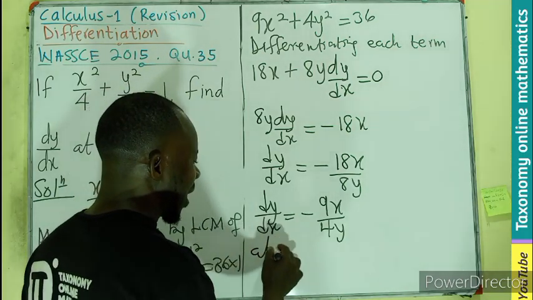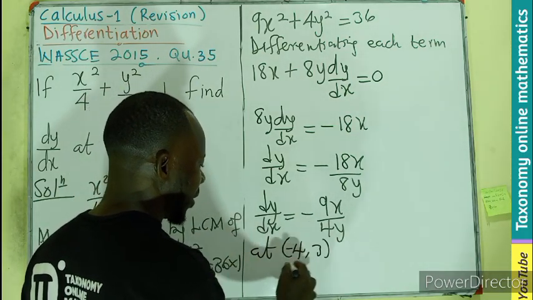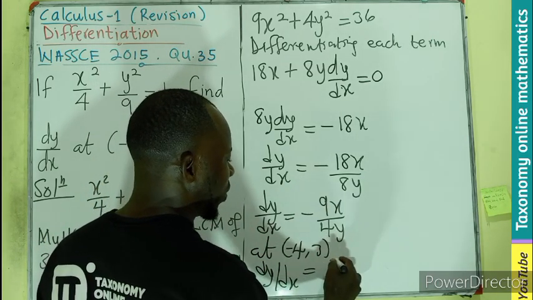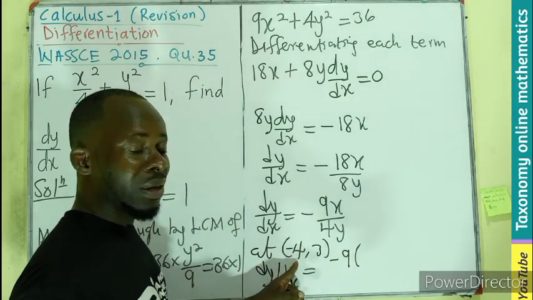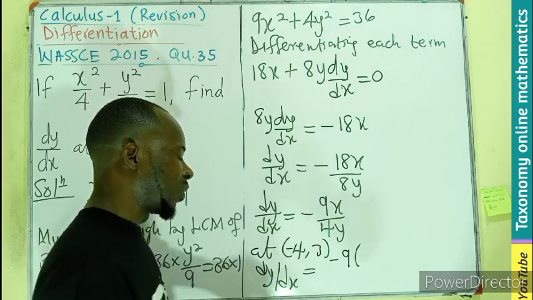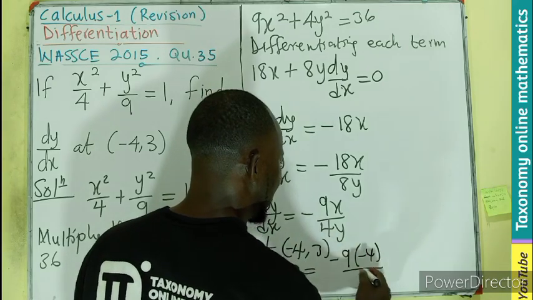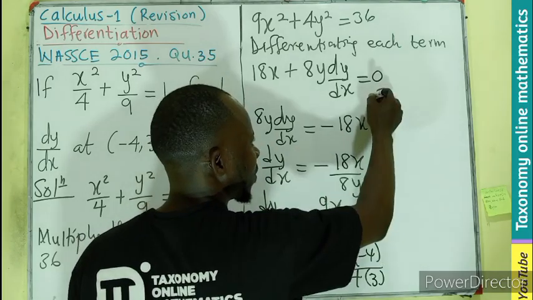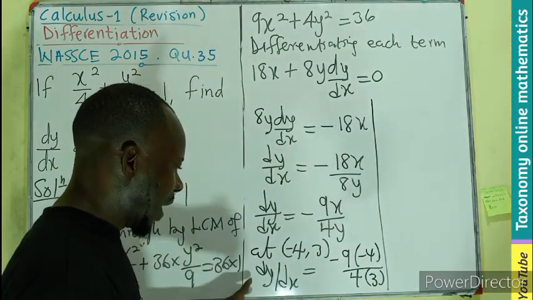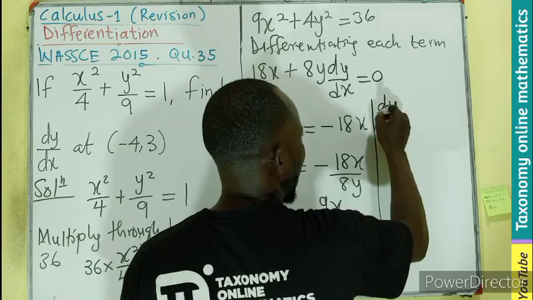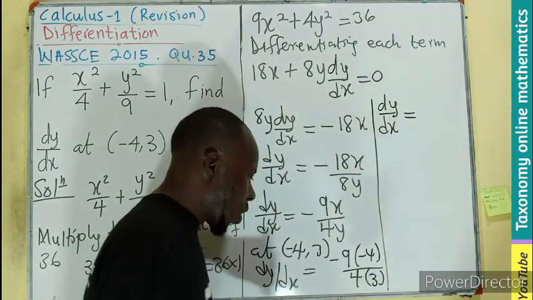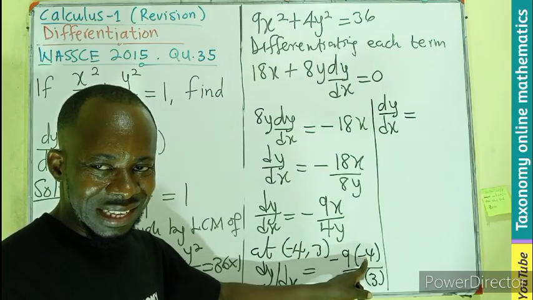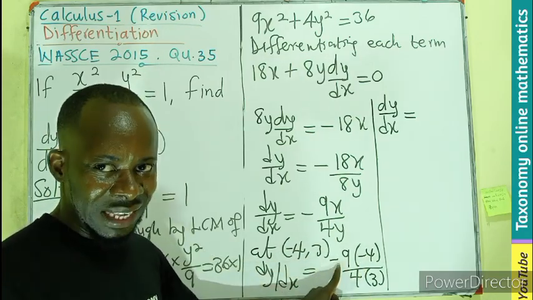So I can say that at (-4, 3), my dy/dx will be equal to minus 9 into bracket the value of x, which is minus 4, divided by 4 times the value of y, which is 3. So dy/dx will be equal to, you can see in this case, if you multiply this, you'll be getting 36.